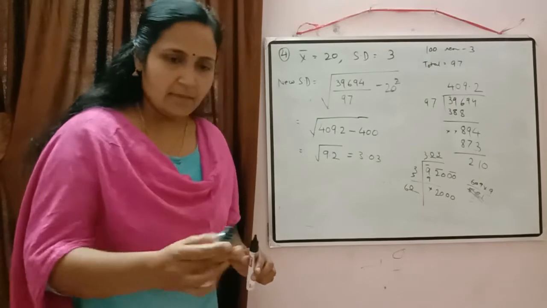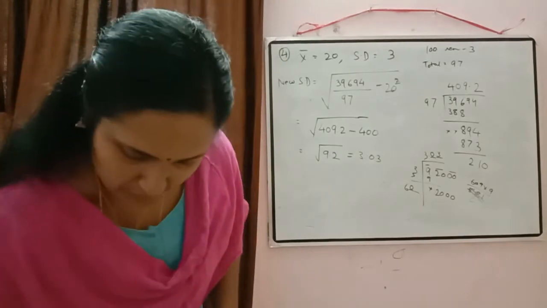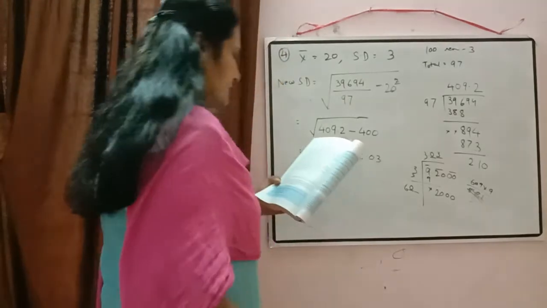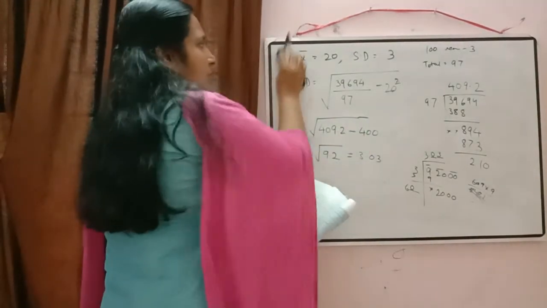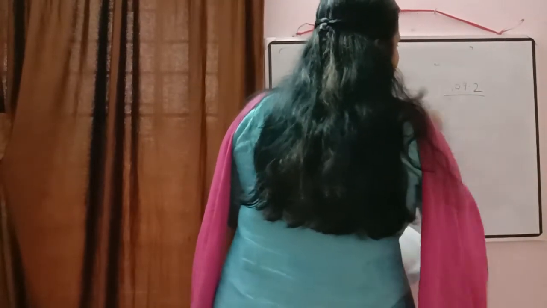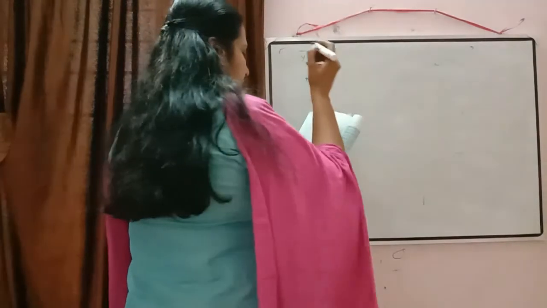Now we can check the next question. The question also is from your textbook only. Miscellaneous exercise, question number 5. Okay. In question number 5, we can check what information is given.